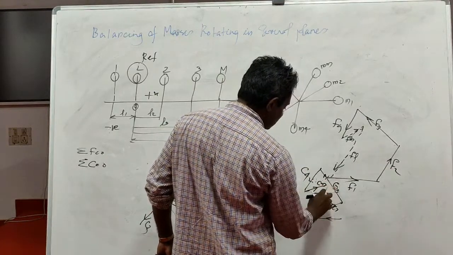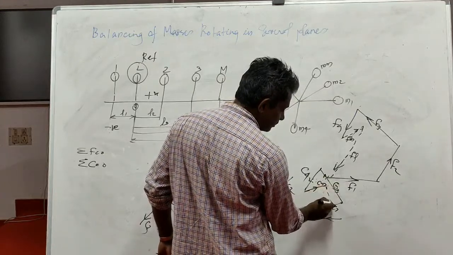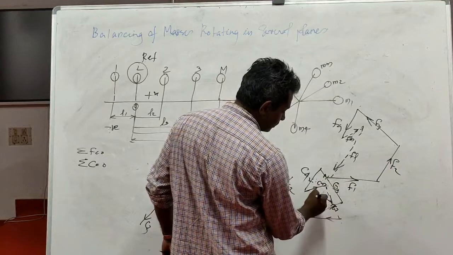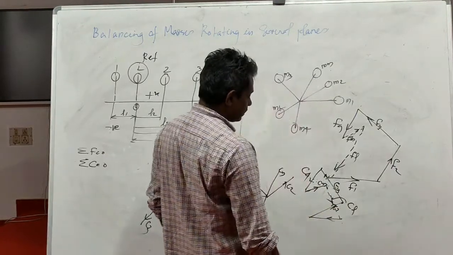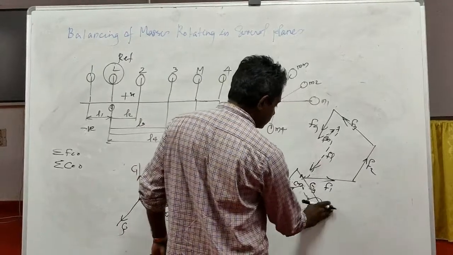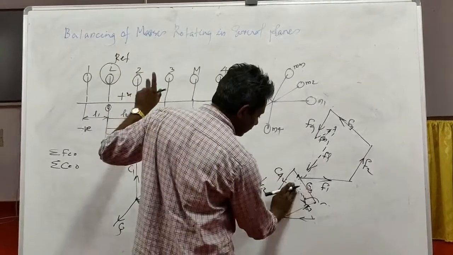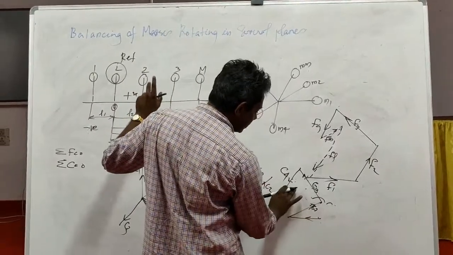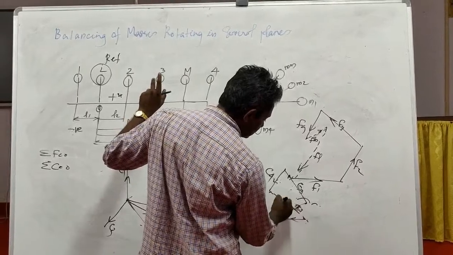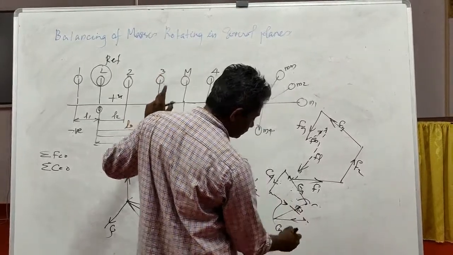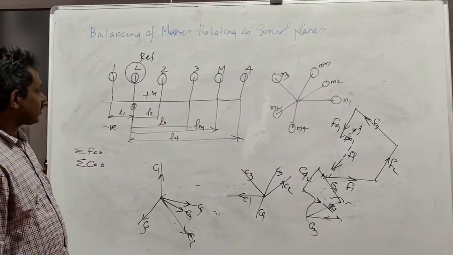Finally, one of the values will be unknown. CL will not come, because one value will be 0: when you take moment over this one, it will be 0. So finally your CM should be like this. In this way the coupled polygon can be easily drawn.